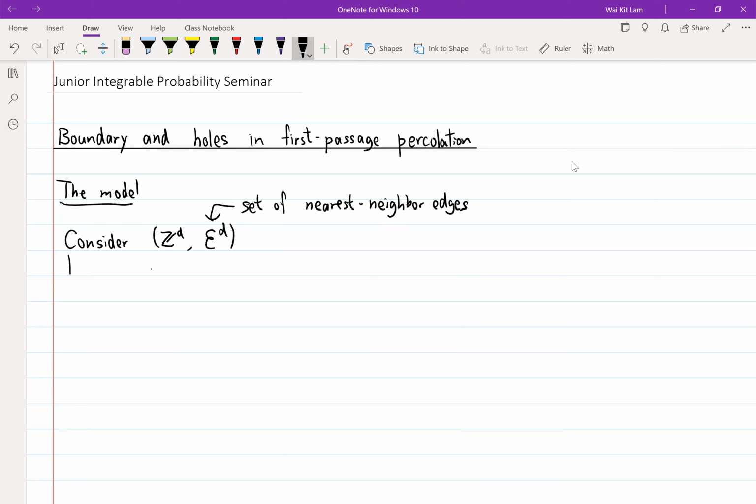And then we put some weights, which we call t_e, on the edges, and these t_e are i.i.d. non-negative random variables on the edges.